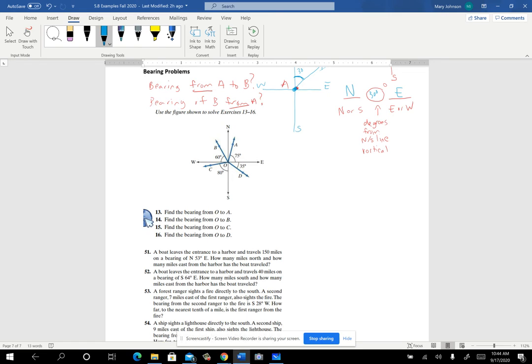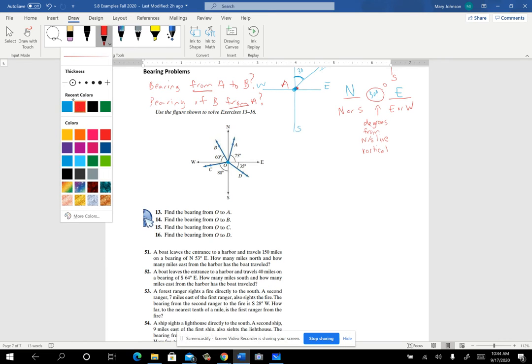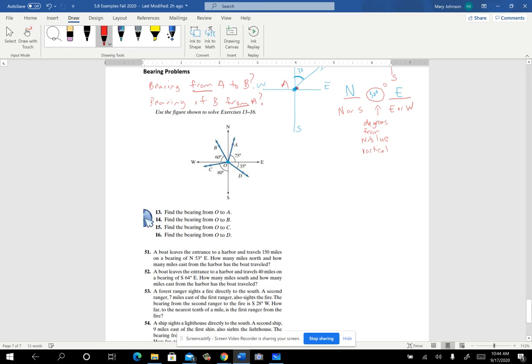Okay, so the bearing from O to A. See how the coordinate axis is there at the O spot. That's good. And then we're trying to go to A this time. I see this 75 degrees, but that might mislead me into using it, and I don't want to use that. Remember, you tell somebody to go from O to A, whether they need to go north or south.